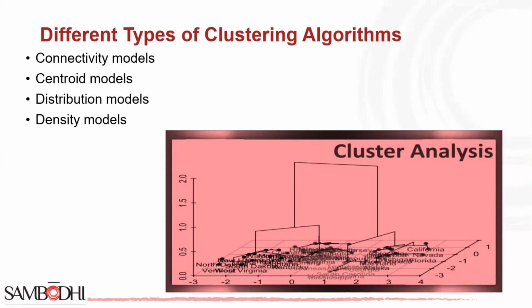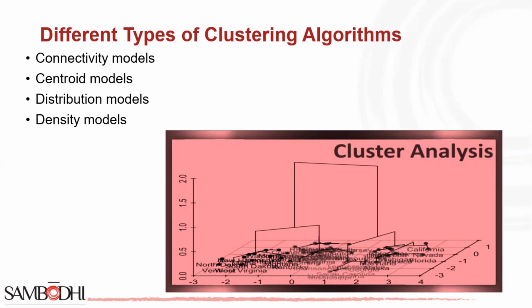In these models, the number of clusters required at the end has to be mentioned beforehand, which makes it important to have prior knowledge of the data set. These models run iteratively to find a local optimum.